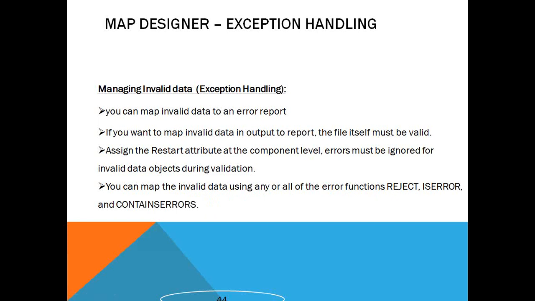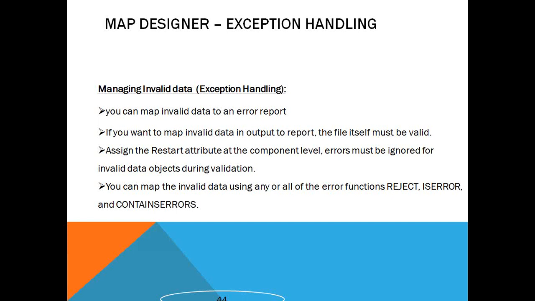If you want errors to be ignored, you have to put the restart attribute. Otherwise, the map will not execute. You put the restart attribute, then only errors will be ignored, and at the output side, you can extract the error records using the functions reject, is error or contains error.